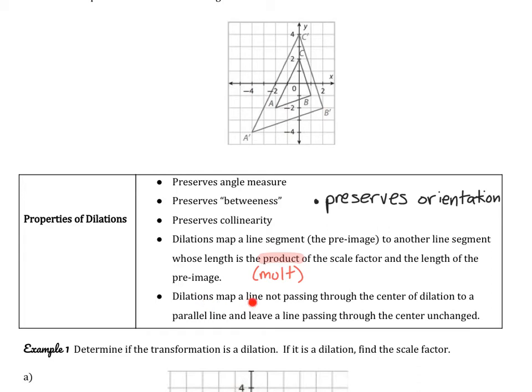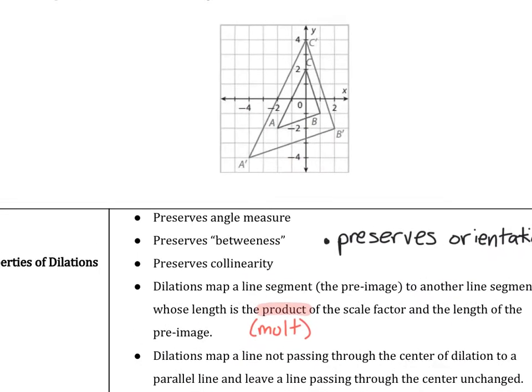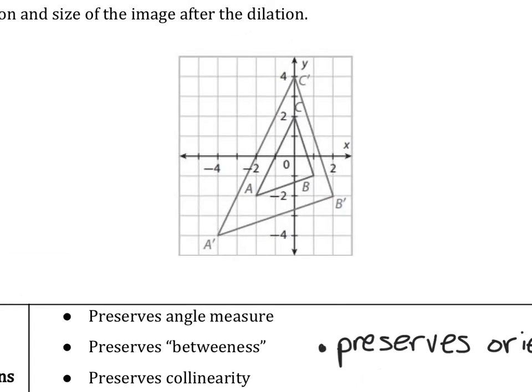And last, dilations map a line not passing through the center of dilation to a parallel line and leave a line passing through the center unchanged. So let's look at this image again here. This one has a center of dilation at the origin. So if I draw a line that goes from that center to A prime, you'll see that it also goes through A. So that line that goes through, whether it's going to A or A prime, should be the same.